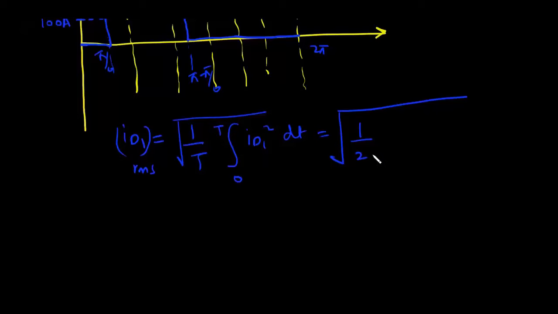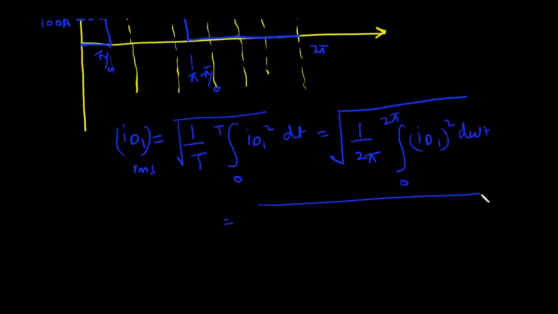So with the time period, it is 1 by 2 pi, 0 to 2 pi, ID1 whole square d omega t. You can notice that we have ID1 equal to 100 amp from pi by 6 to pi minus pi by 6, and for the other duration in the period it is 0.